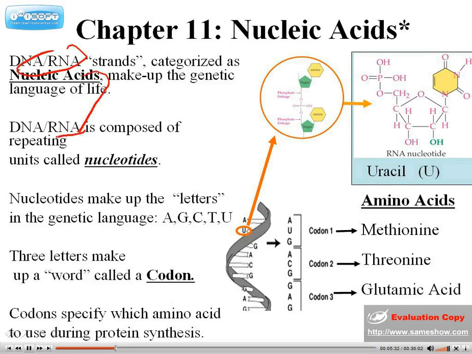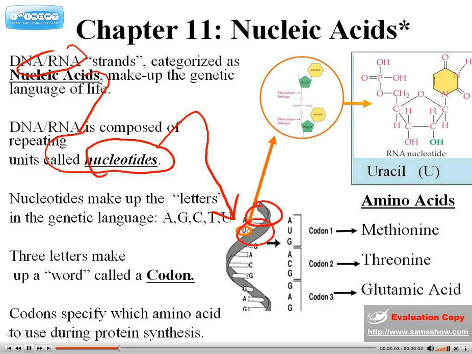They're composed of repeating units called nucleotides. So here is a fragment of, in this example, an RNA strand. I'll talk about the differences between RNA and DNA in a second. But basically, it's a polymer made up of repeating units, as you see here.